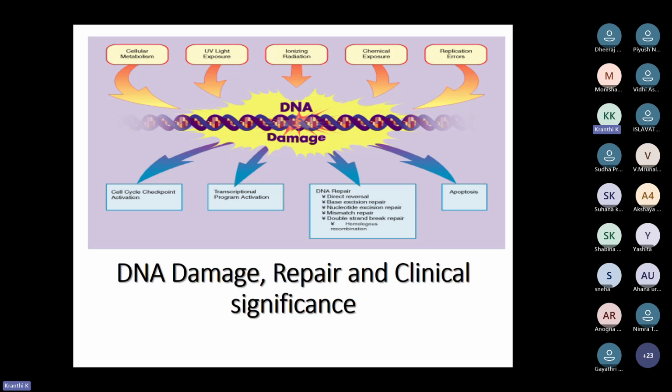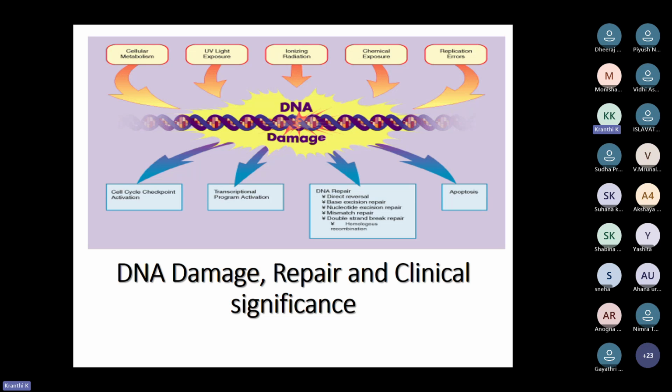While doing the proofreading, if there is any error, then the exonuclease will cut that part, and the polymerase will repair that part, right? So if there is any replication error, it will also cause DNA damage.